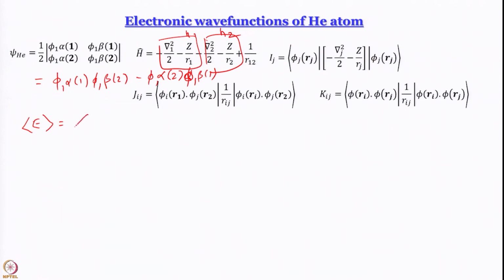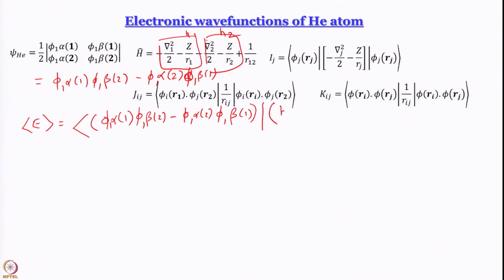This gives us phi1 alpha 1 phi1 beta 2 minus phi1 alpha 2 phi1 beta 1.